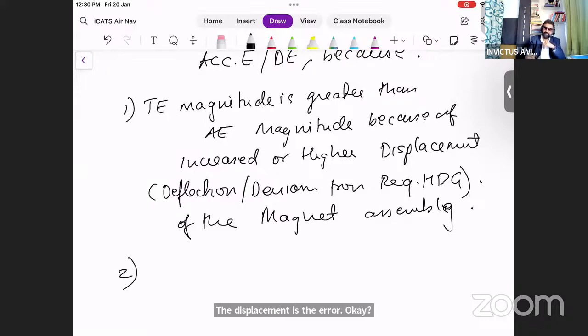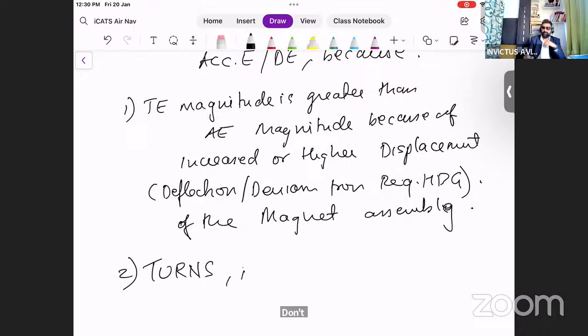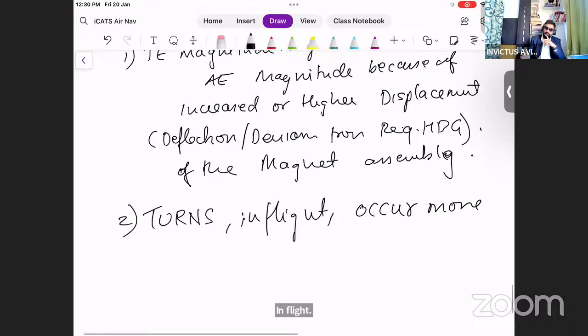Second reason is turns in flight occur more often than acceleration.